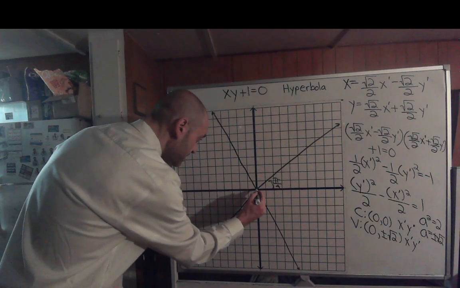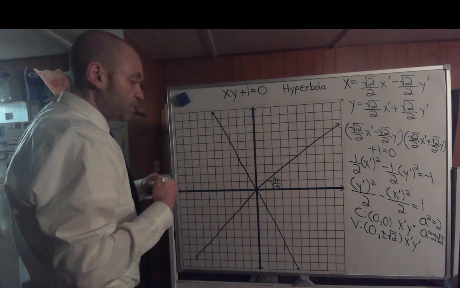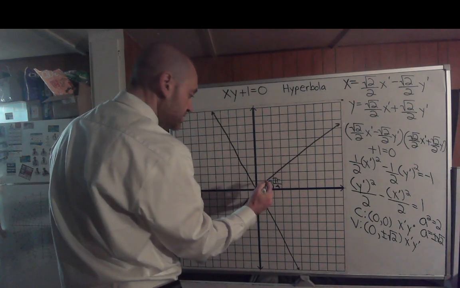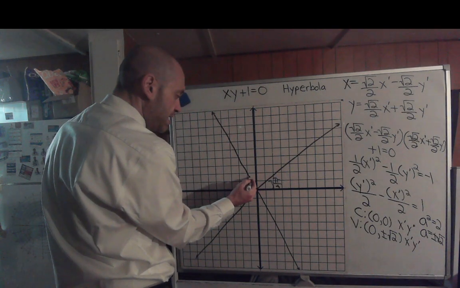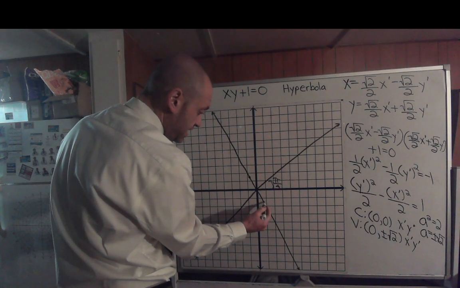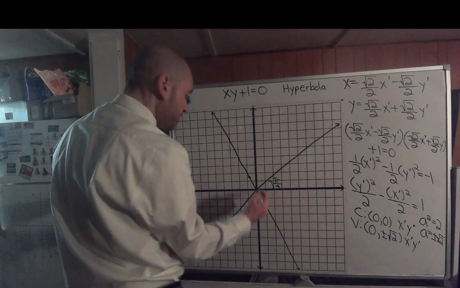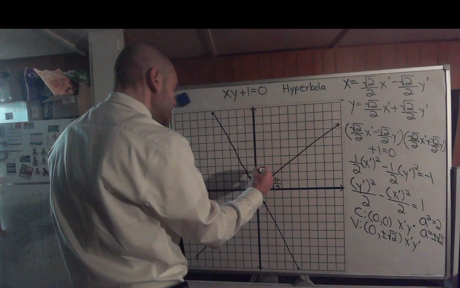Here's still my center at 0, 0. Now square root of 2 is going to be about there on my x prime y prime, and then the negative equivalent's right about there. I'm not even going to worry about asymptotes or anything.